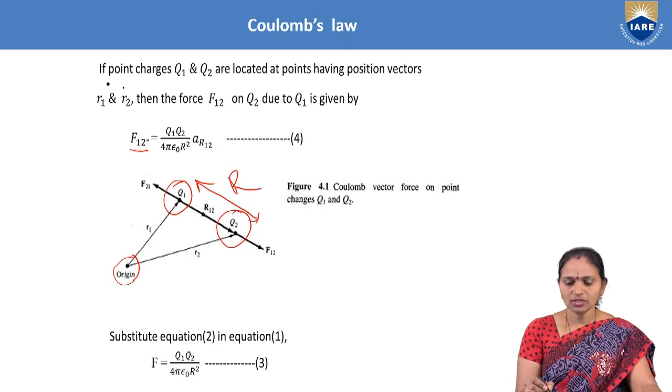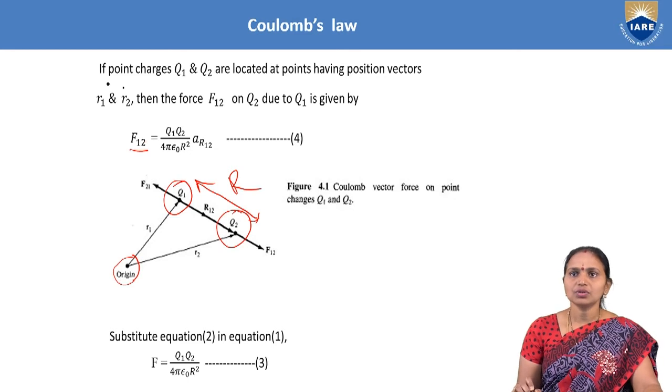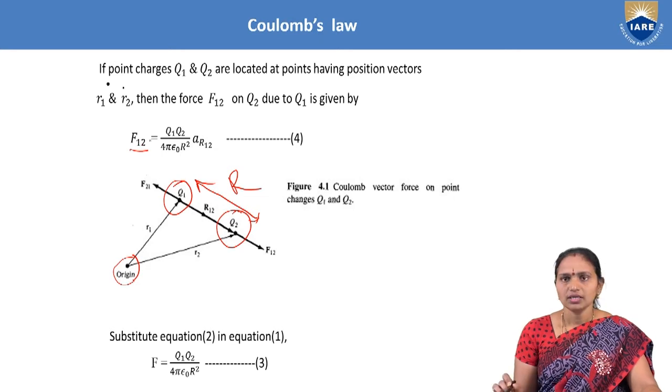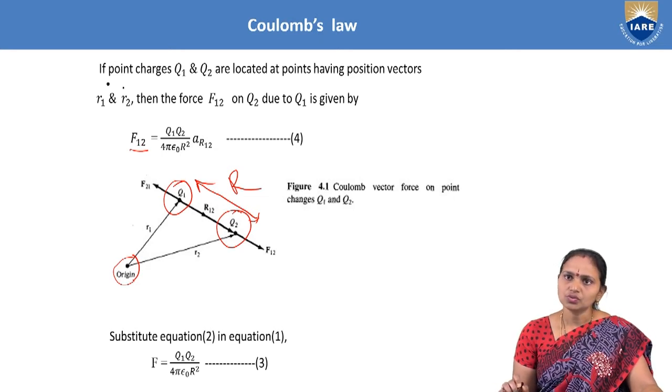In this F12, the subscript 12, the 2 represents on which charged particle we are calculating force and due to which one. F12 means force on Q2 due to Q1. So while calculating F12, we are moving in the direction from Q1 to Q2, towards Q2.